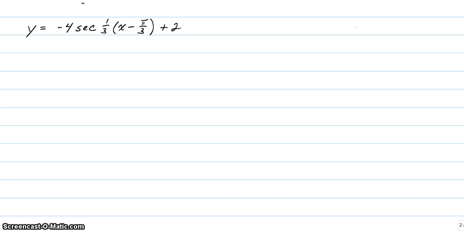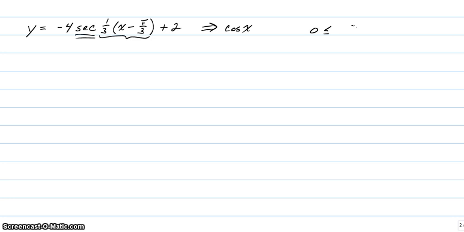Okay, so if we move on to something a little bit bigger, here's something that's just going to be a little bit tougher to do. But basically, what I'm doing right up at the start here is I'm looking at the secant function, and I'm thinking in my head, I'm thinking cosine. And so I'm going to be graphing this as if it's a cosine graph. So let's get some information here.